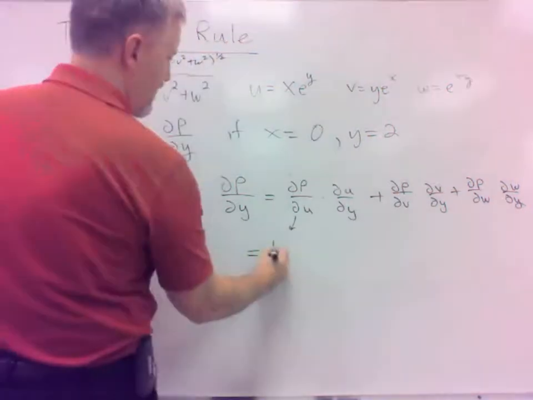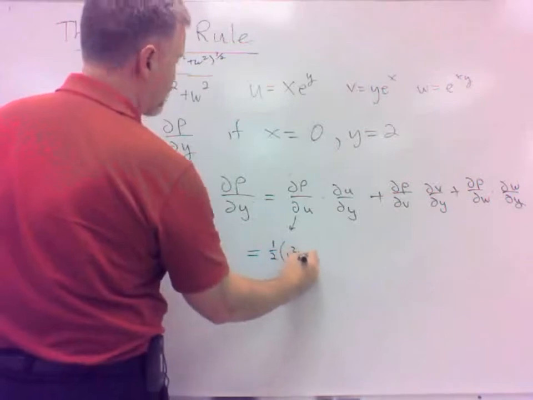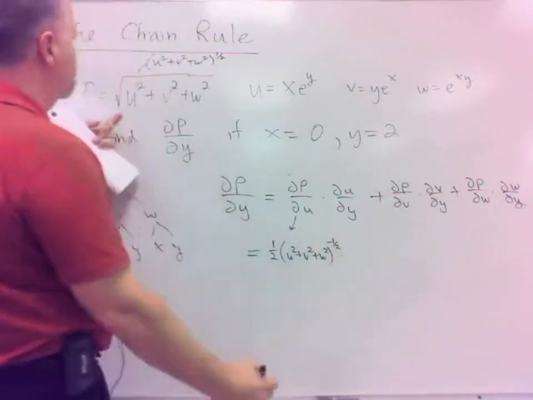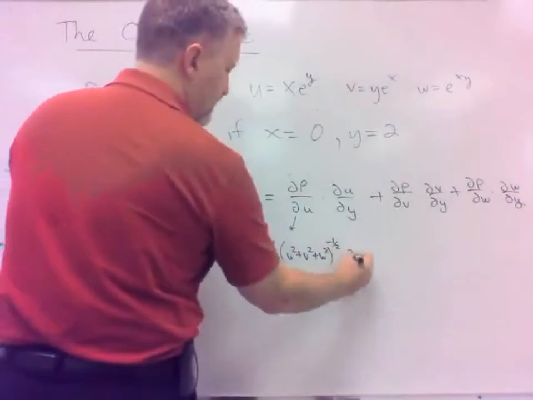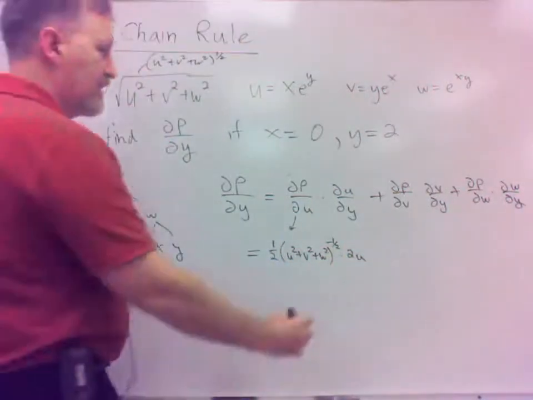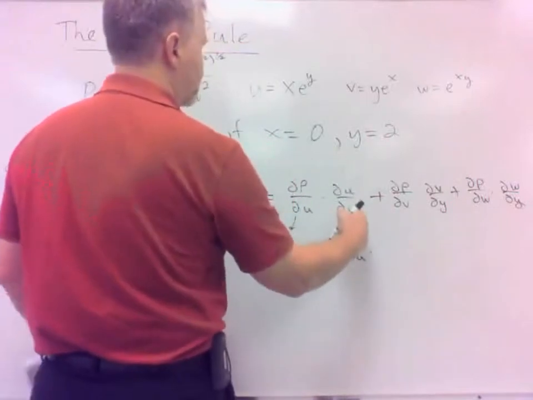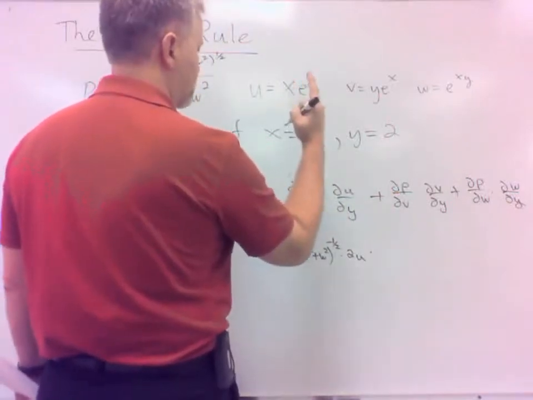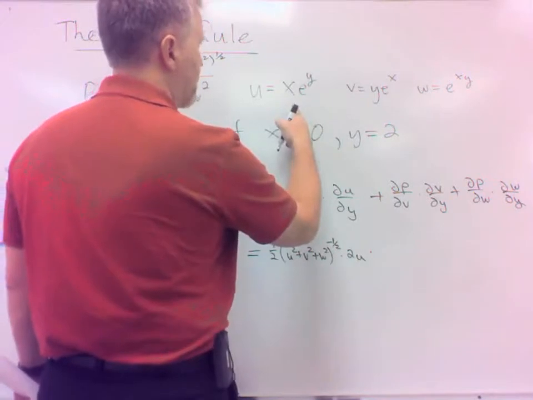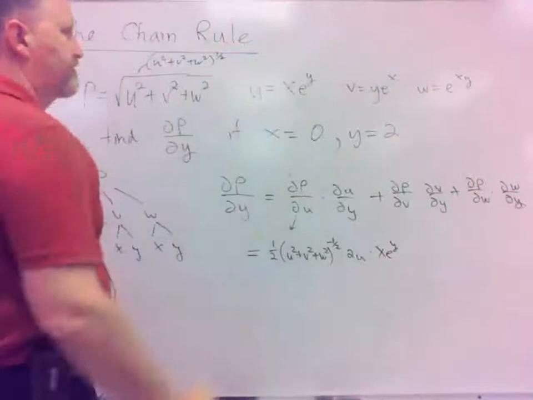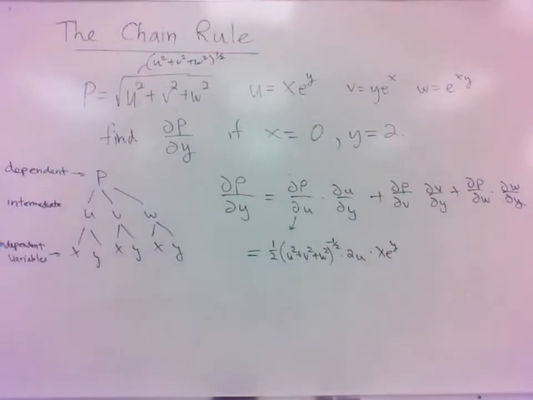So you got 1/2 (U squared plus V squared plus W squared) to the -1/2 times 2U, the derivative of the inside, would be 2U there. Then we would have the partial of U with respect to Y, so that would be what? X e to the Y? Just doing the partial with respect to Y there, so the X is constant, so the derivative of e to the Y is e to the Y.